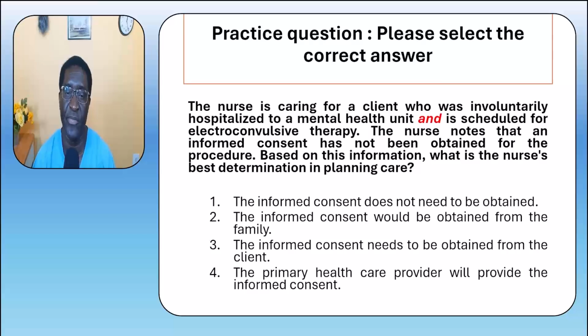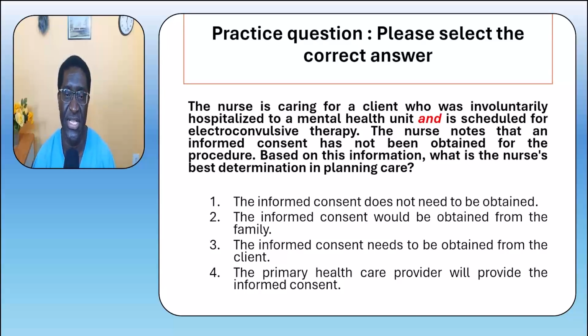Based on this information, what is the nurse's best determination in planning care? Again, take a closer look at the word AND. AND, as you see it in the sentence, connects the first part of the sentence and the second part. But please zero in on the second part of the sentence where AND is connected to. That is scheduled for electroconvulsive therapy.